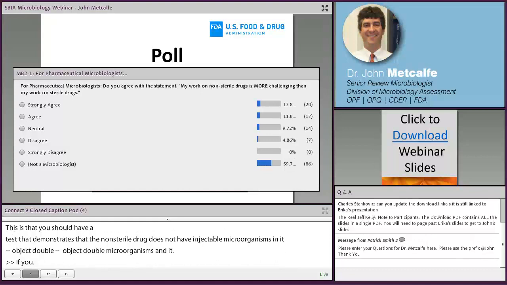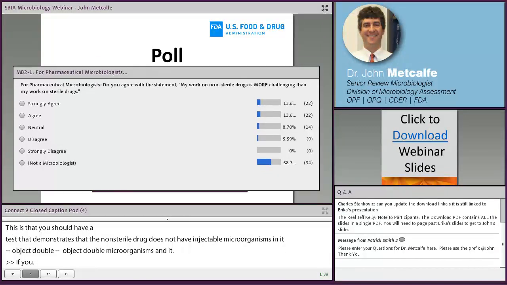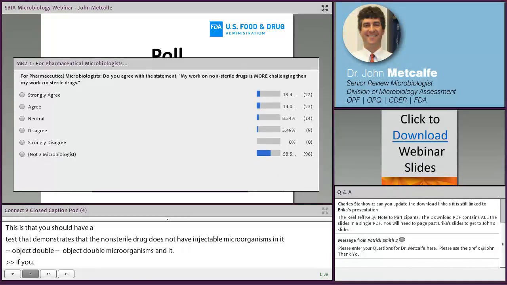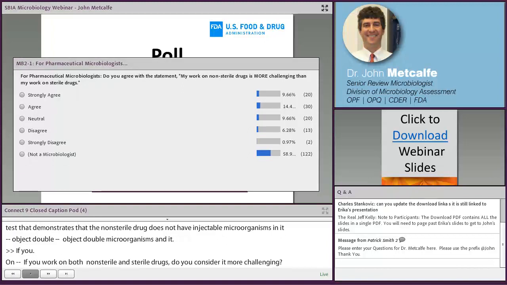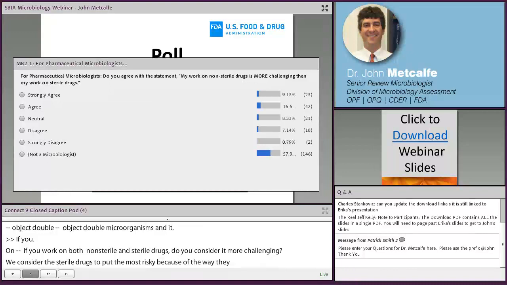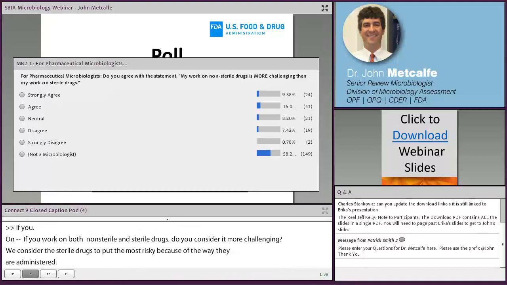My interest in asking this question has to do with the fact that we consider the sterile drugs, of course, to be the most risky to patients because of the way that those drugs are administered. I'm seeing it looks like, in terms of whether you agree or disagree, more of you agree than disagree, and many of you are not a microbiologist.